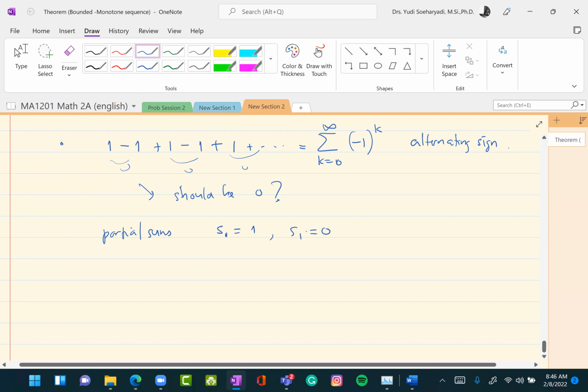This is the partial sum, plus the additions. I would say this is the tail of the series.